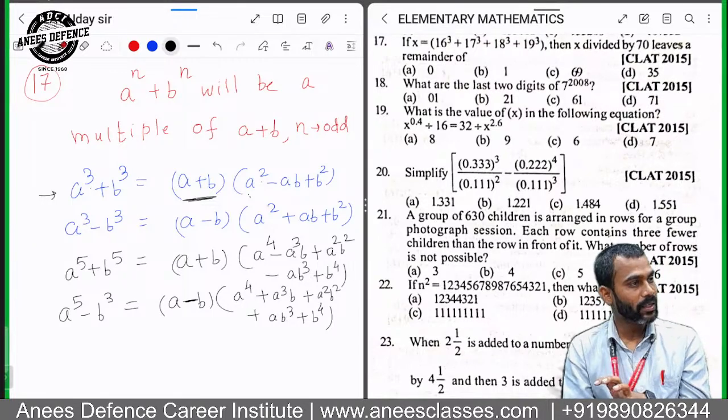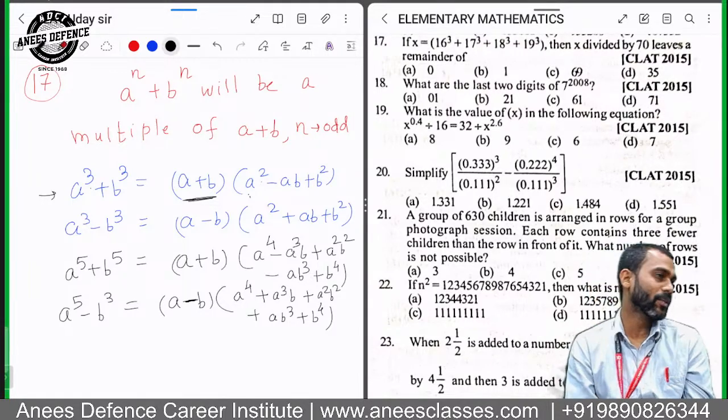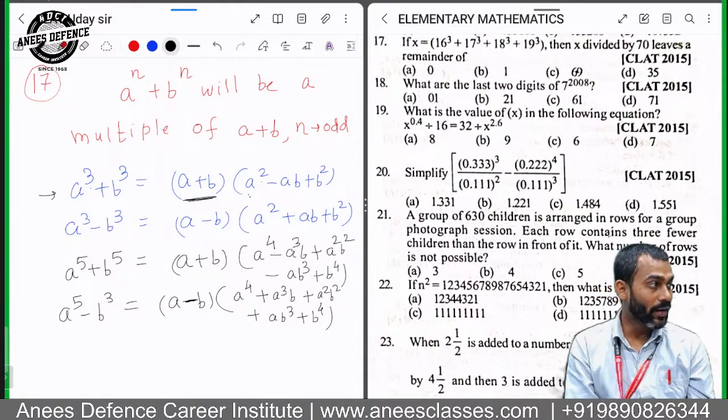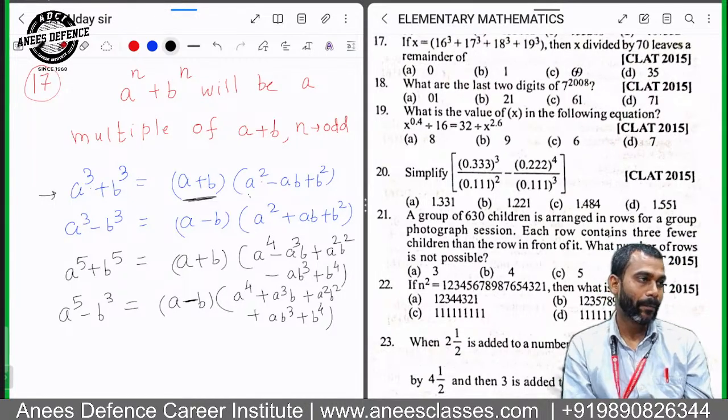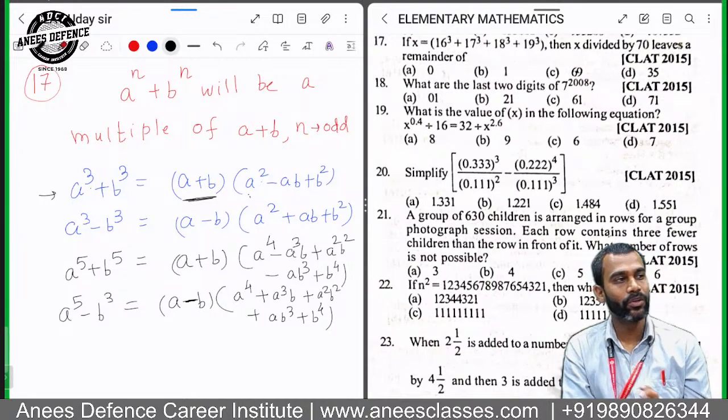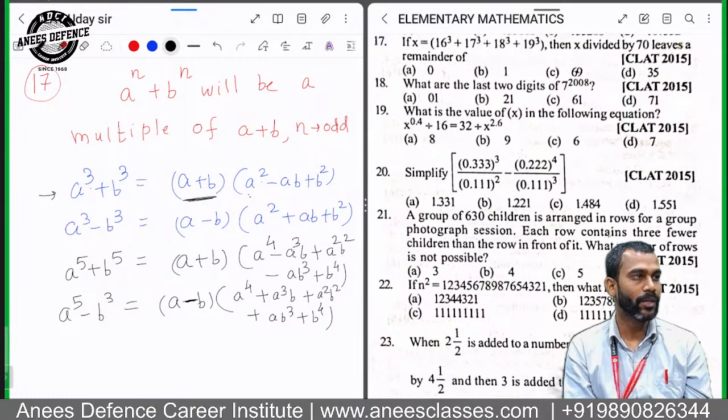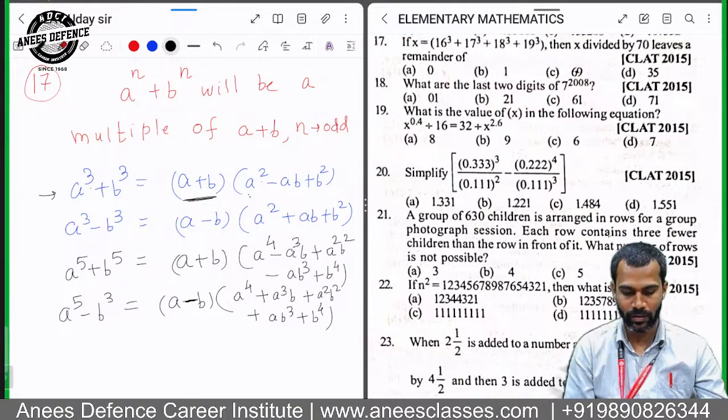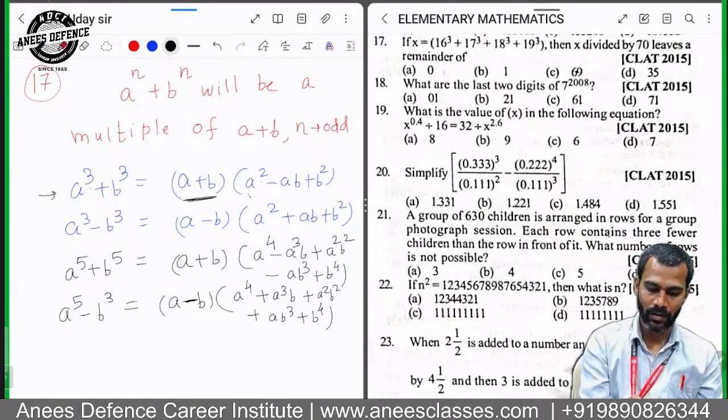A raised to 4 minus b raised to 4 will also have a plus b, a minus b as factors. Yes or no? So if power is even, minus should be there. And in that case, both the factors will be there. A plus b and a minus b. Please write it down there. Very easy. I hope you understood. Yes or no?